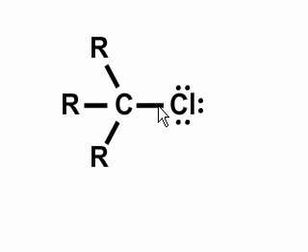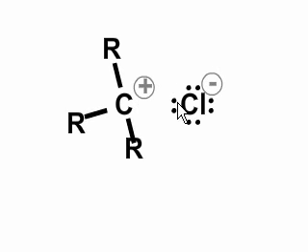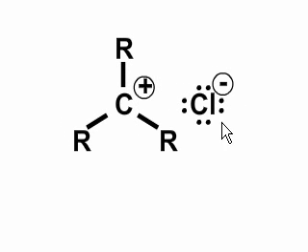Why? Because when the chlorine takes these 2 electrons and pulls them away, this is not going to be an excellent leaving group because it's not neutral, it has a negative charge.